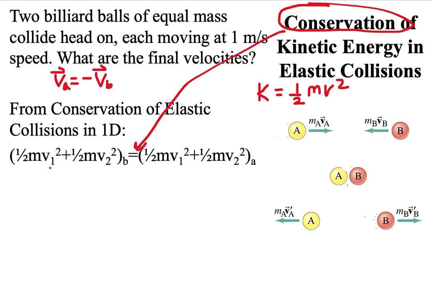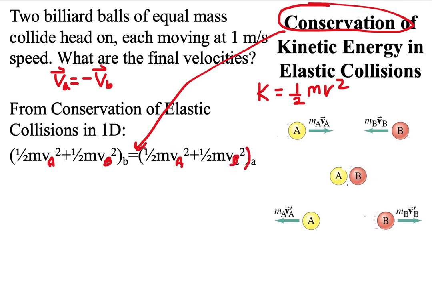And that is equal to 1/2 mVA squared for ball A plus 1/2 mVB squared for ball B, but in the after case.